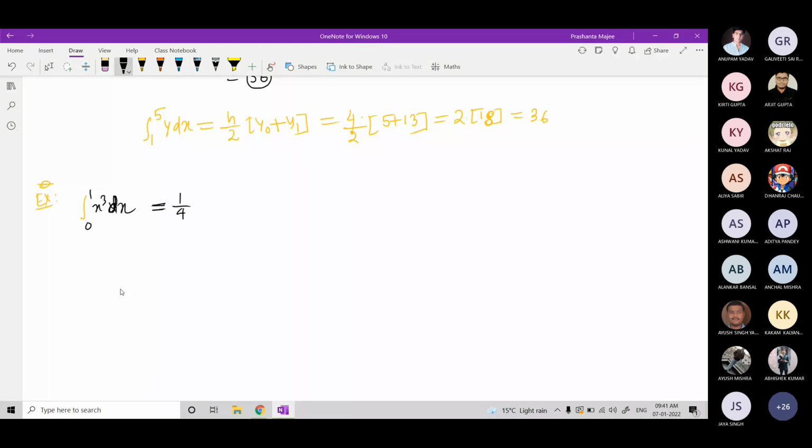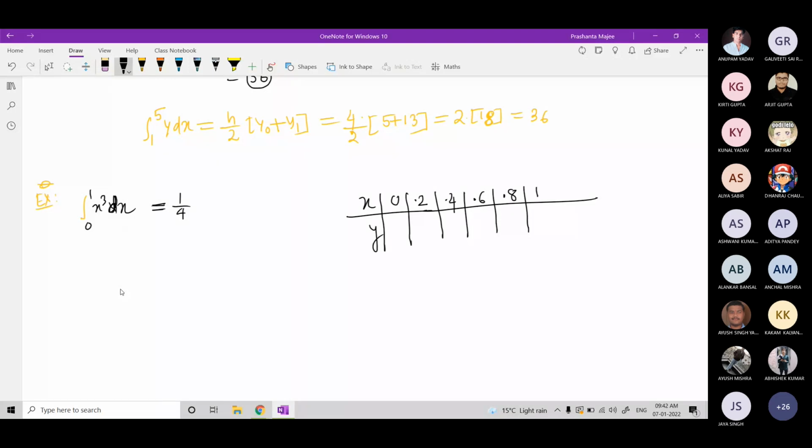So x values, I'll start with 0, then for 6 data, this distance between x values should be 0.2. So next x value is 0.2, then 0.4, then 0.6, then 0.8, and then 1.